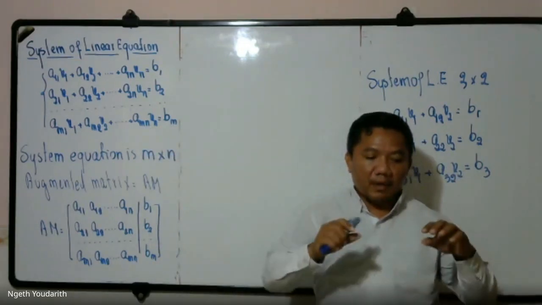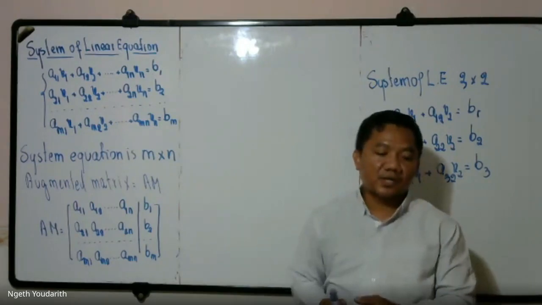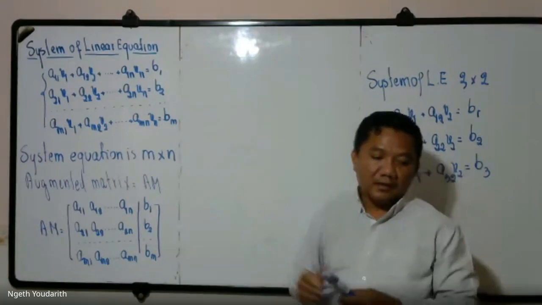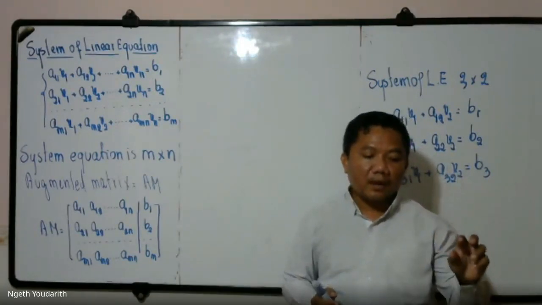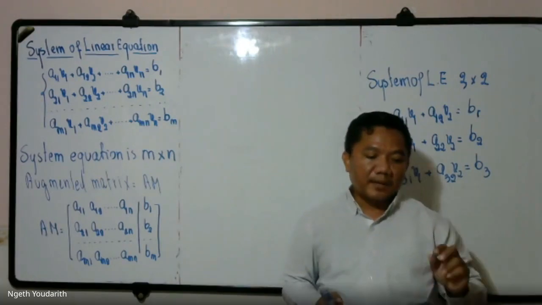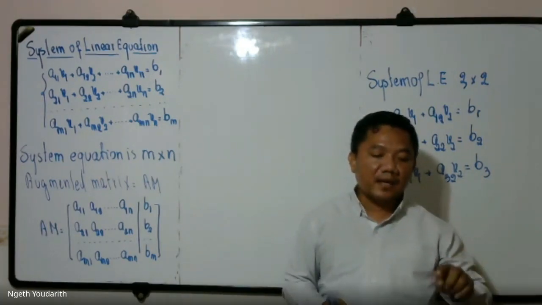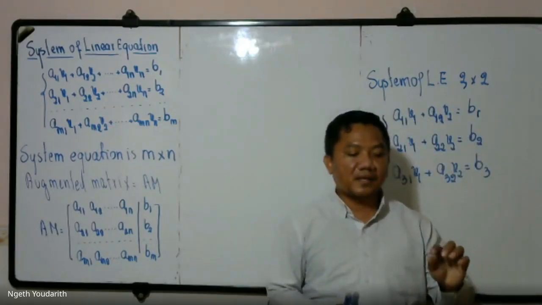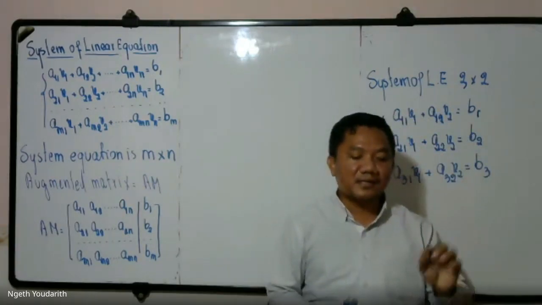And how do we find the solution of this system? Two main cases in our system of linear equations are called inconsistent and consistent. What is inconsistent and what is consistent?